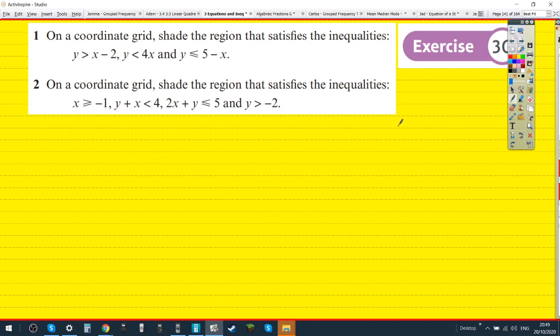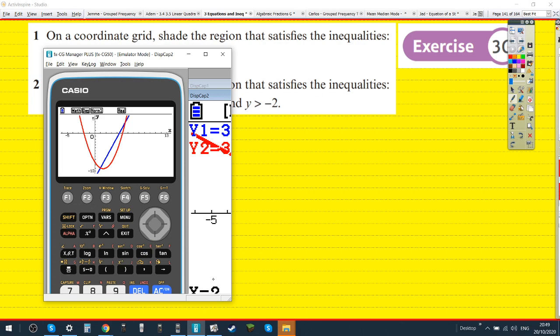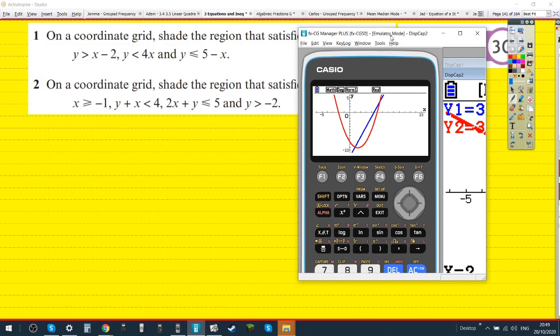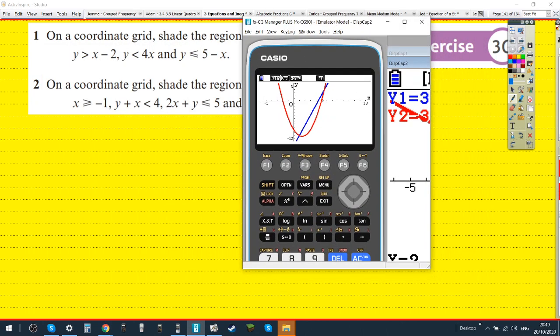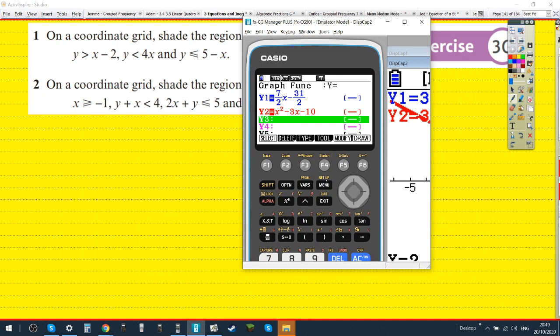Shade the region that satisfies this inequality. So let me try something here. Calculator. So first one, I'm going to do equals for each of these. y equals x minus 2. y equals 4x. y equals 5 minus x.